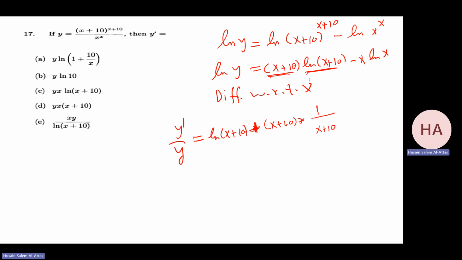Minus, this is minus ln x minus x over x.